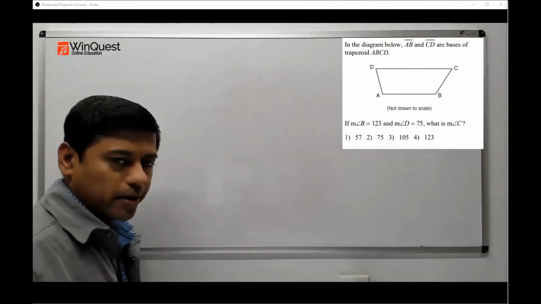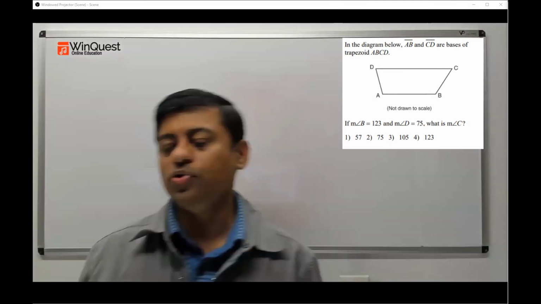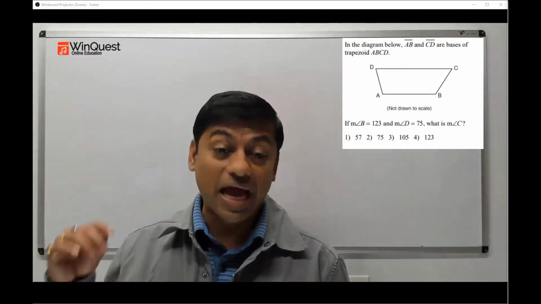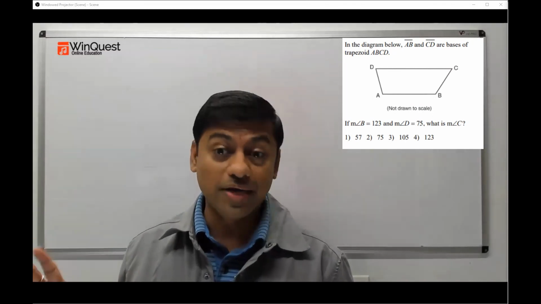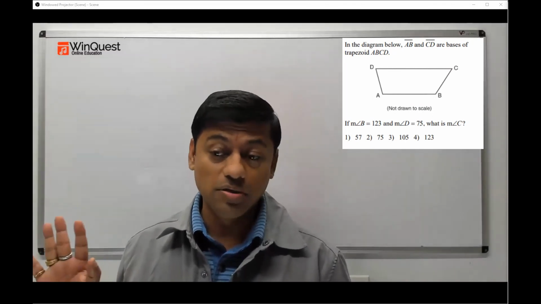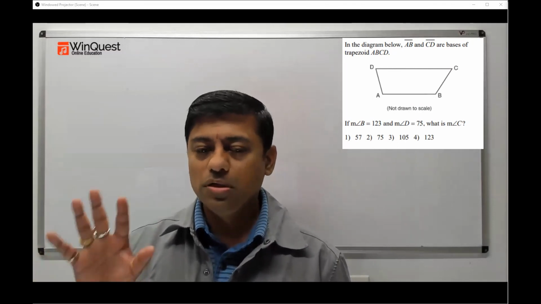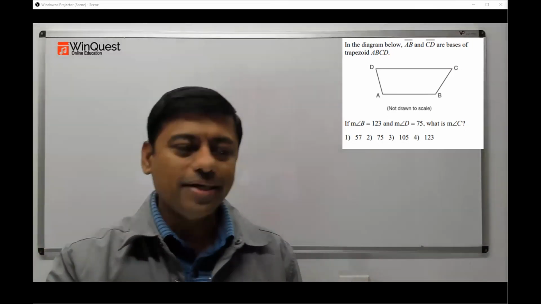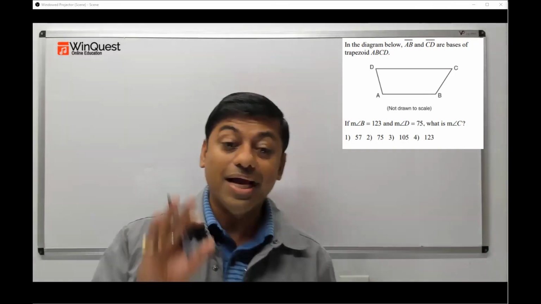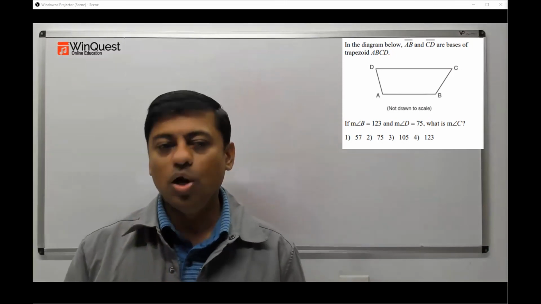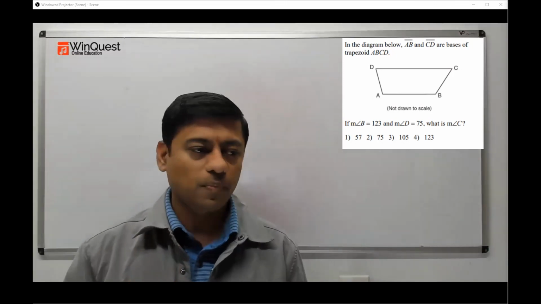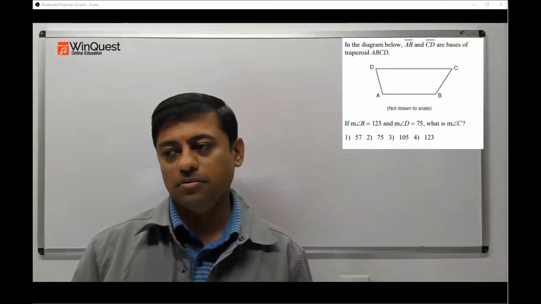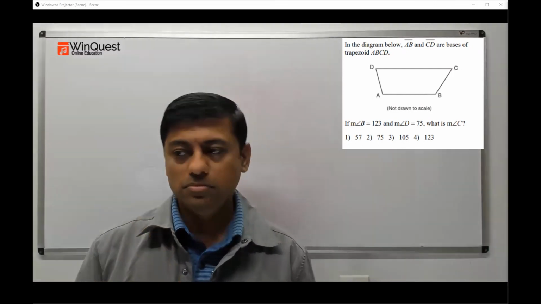Okay. Trapezoid doesn't involve too much theory, guys. Very plain and simple. If you remember the key things, it's easy actually. What is a trapezoid? Only remember one thing. In a general trapezoid, only one side is parallel. That's it. It is not a parallelogram.